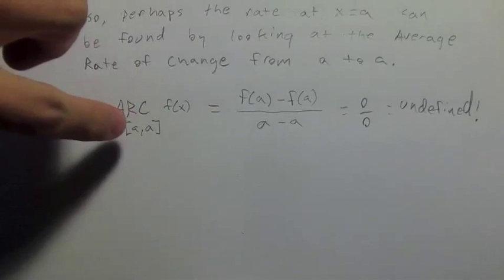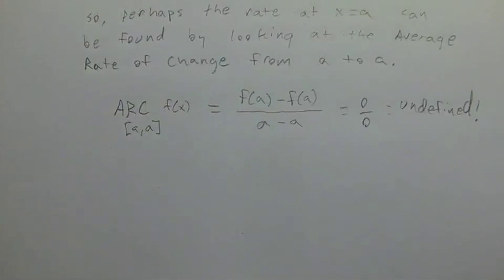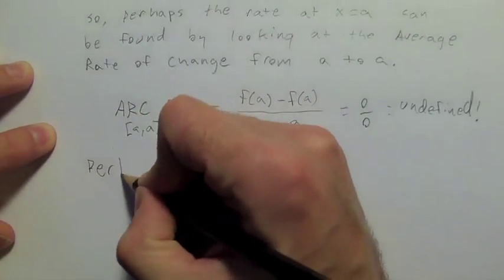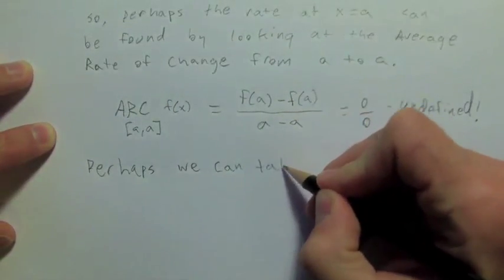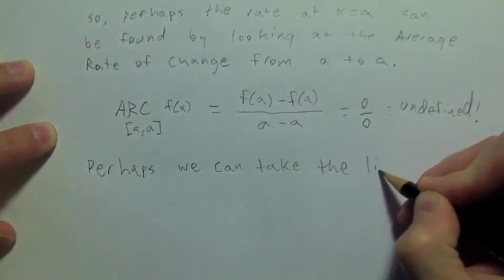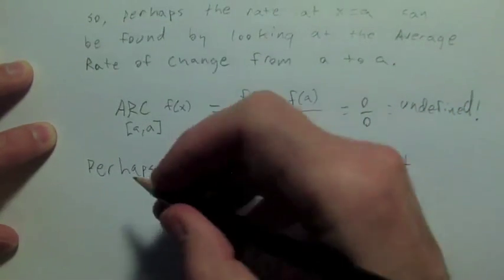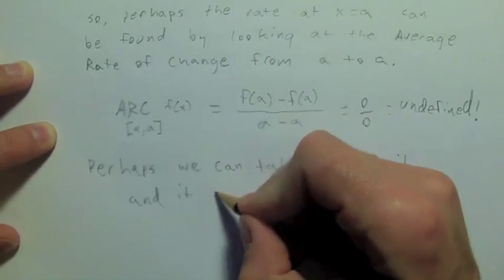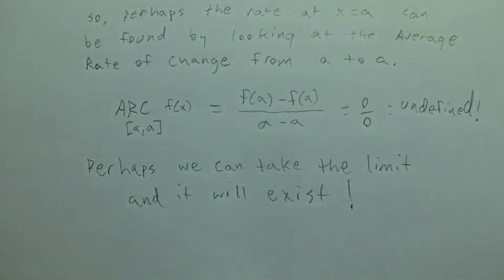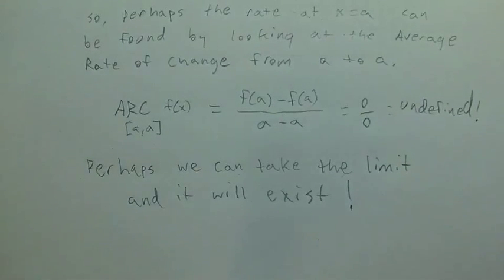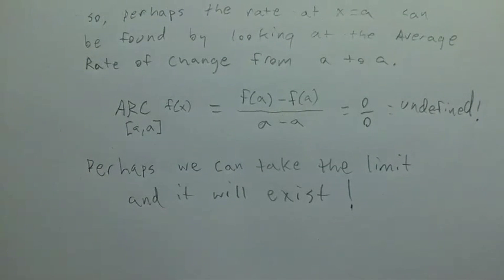Okay, so yes, we can't just take the average rate of change from A to A, but since we already have the average rate of change, perhaps we can take the limit. And it will exist. And if that's the case, well, that must be the rate at x equals a, right?